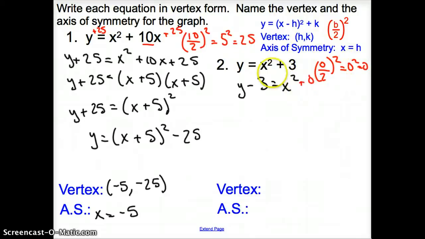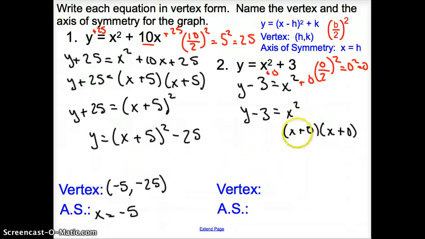Add 0 here, add 0 here, but we still have y minus 3, and that's going to equal x squared. How can we factor this x squared, right? We're at this step here, so how can we factor x squared? Well, how about (x plus 0) and (x plus 0), right?